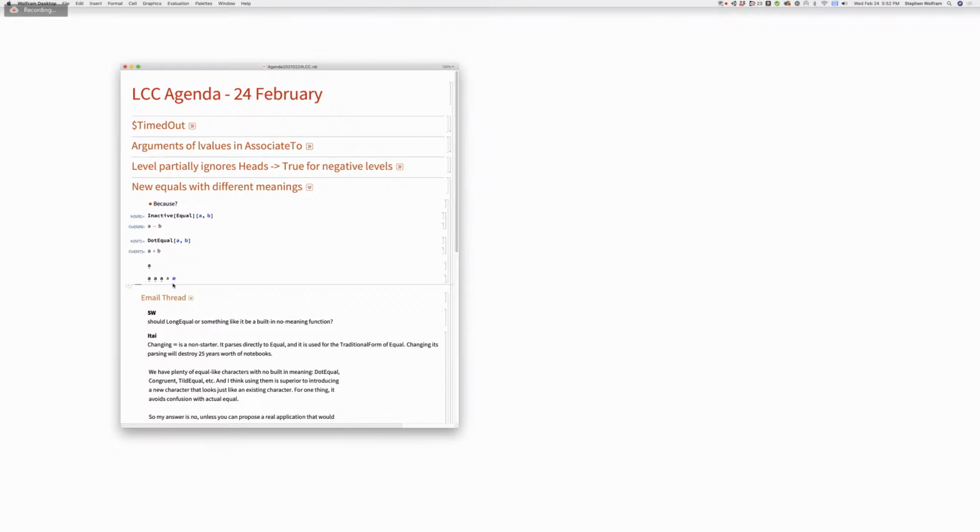It's a what-is-mathematics type problem, because we have a symbolic system. In our symbolic system, things like plus have a built-in meaning.